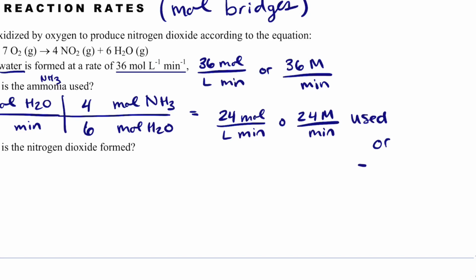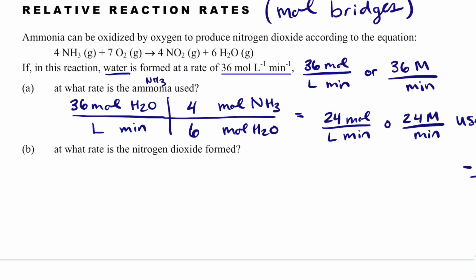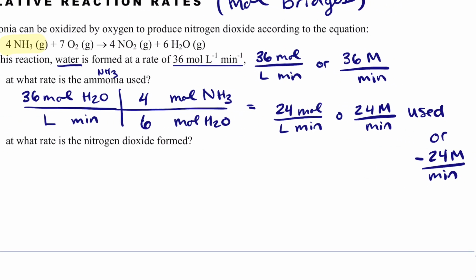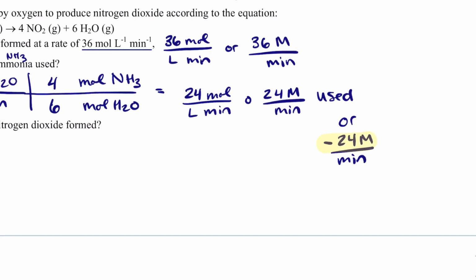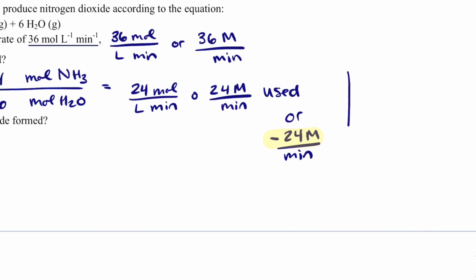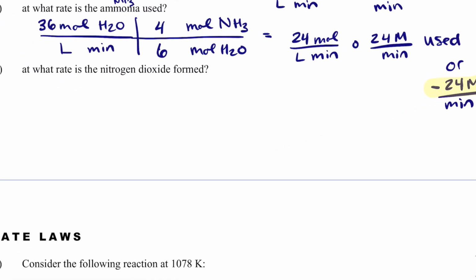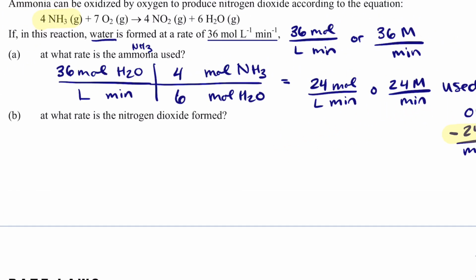Or it might be represented as negative 24 molarity per minute, and the negative is saying that NH3 is a reactant, so it's going to get used, it's decreasing. If I graphed it, and we've done graphs before, the NH3 would be decreasing over time.